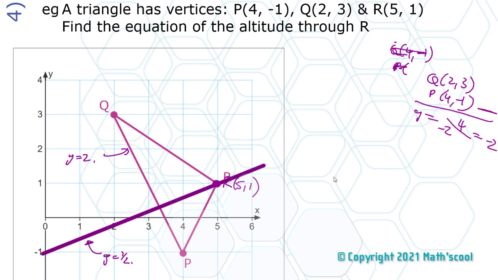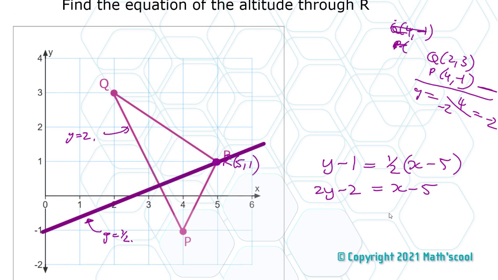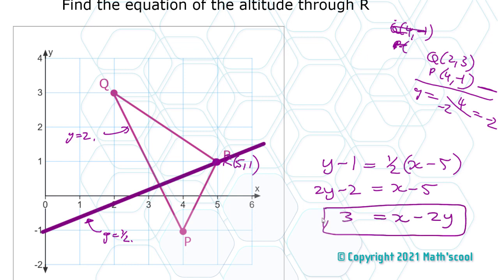And so this line is y minus 1 equals 1/2 (x minus 5), or 2y minus 2 equals x minus 5, or x minus 2y equals 3. x minus 2y equals 3 is our equation of this line.